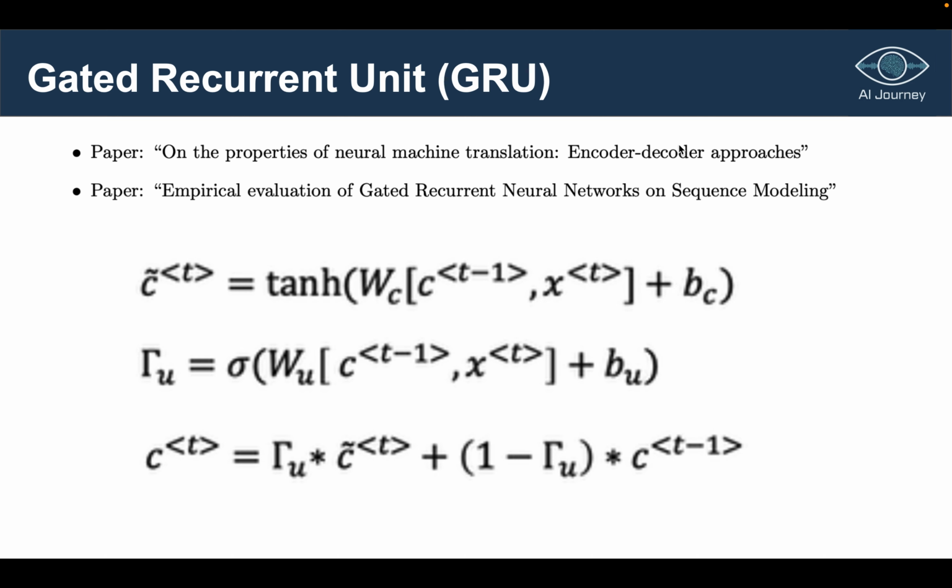For this, as usual, we're gonna compute C tilde, which is a candidate for being an activation at time t, using the same process as always, aggregating the information at time t and the information from the previous timestamps.